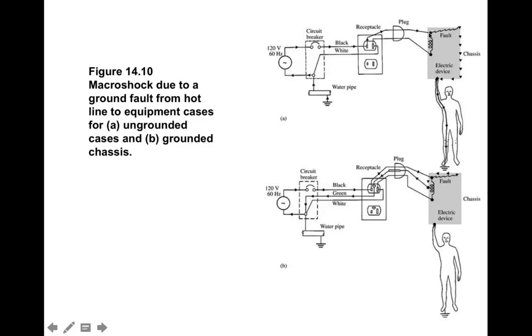If there is a fault, what's happening is the hot wire is shorting out to the chassis, creating a voltage on the chassis that then flows because the patient is grounded. Then that current will flow from the chassis through the patient to the ground in whatever path is the path of least resistance.